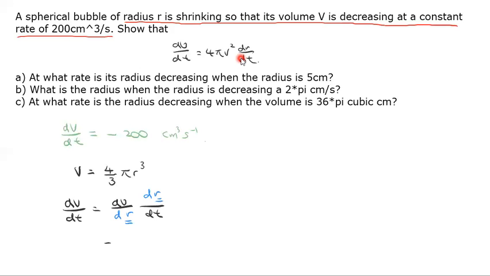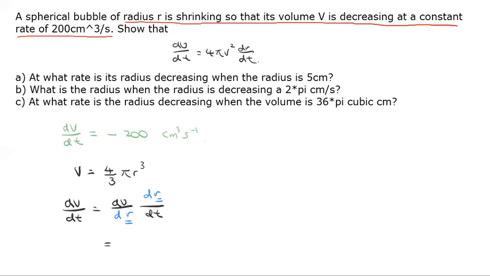And dv dr should be pretty easy. That just means derive v with respect to r. So what's that? Derive v with respect to r. So what's the derivative of v with respect to r? dv dr just means to derive volume v with respect to r.